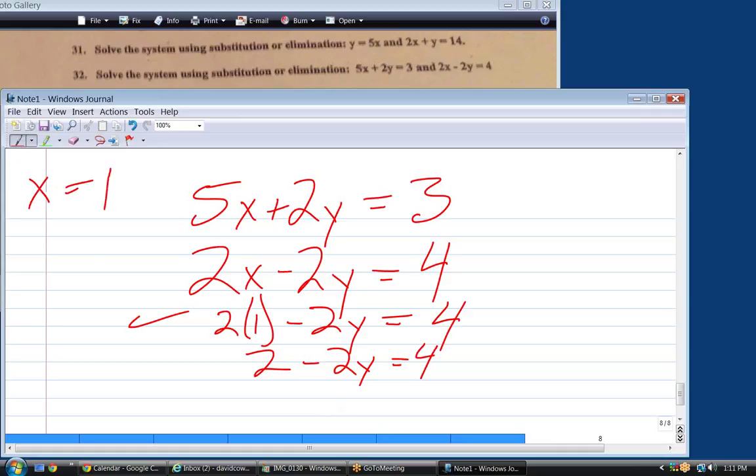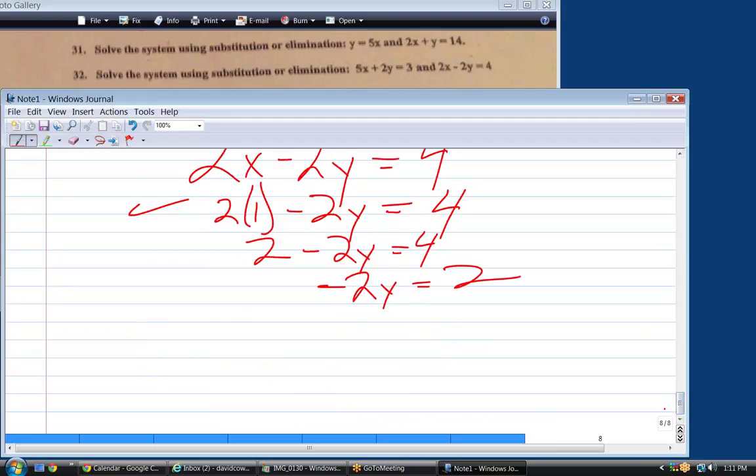You could minus 2. Leaving what? Tell me what to write. You'd have negative 2y equals 2. Okay, last step. Don't divide both sides by 2, divide both sides by negative 2. So it would be y equals negative 1? Yeah.